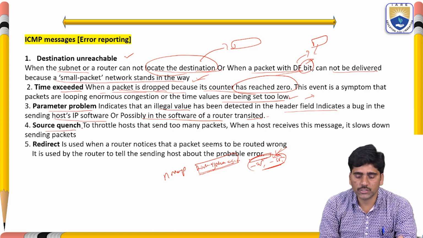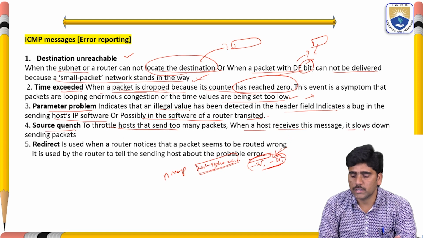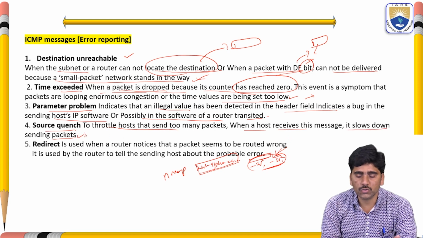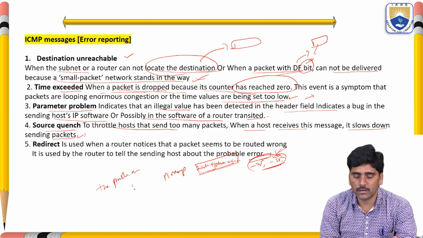And source quench. It is used to throttle hosts that send too many packets. When a host receives this message, it slows down sending packets. This also happens when problems occur at the source side, that is, the packet is not able to be sent because of a network issue.